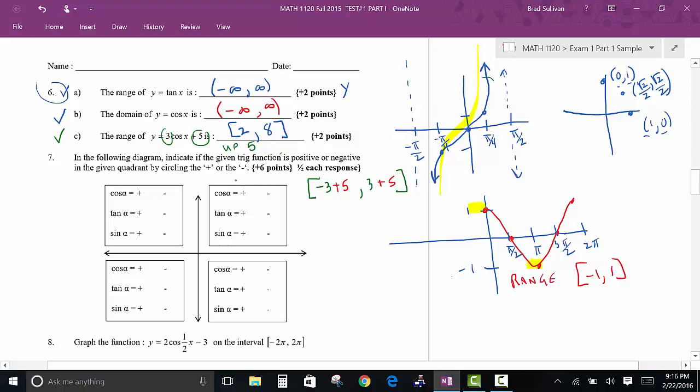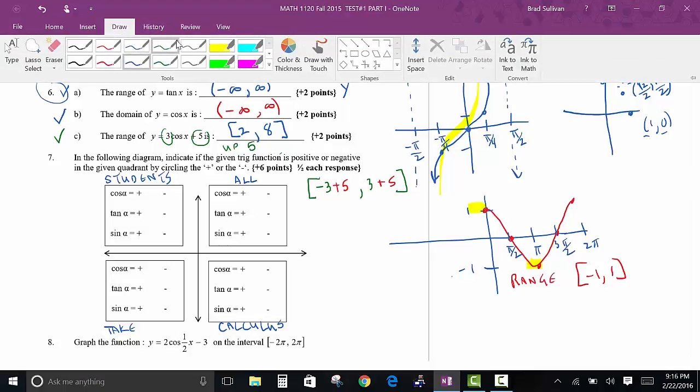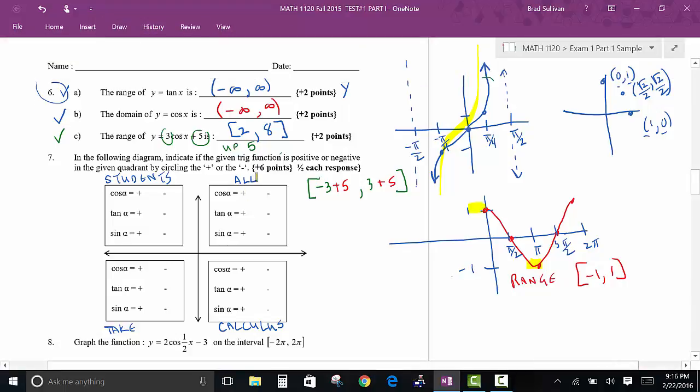One of the things that I taught you on this is "All Students Take Calculus." Now you can do this or you can reason it out. If you learn this statement, how can you go wrong? So here's the idea. In quadrant 1, everything is positive.